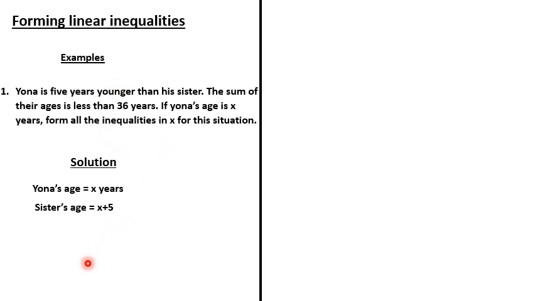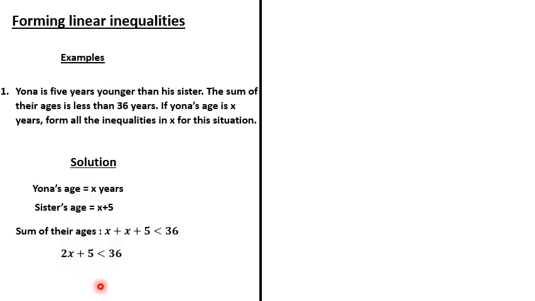So we can form an inequality here: the sum of their ages, that is x, which is the age of Yona, plus the age of the sister, x plus 5, is strictly less than 36 years. Then we can add the like terms together: x plus x becomes 2x, plus 5, and that is also less than 36. We can subtract 5 from both sides.